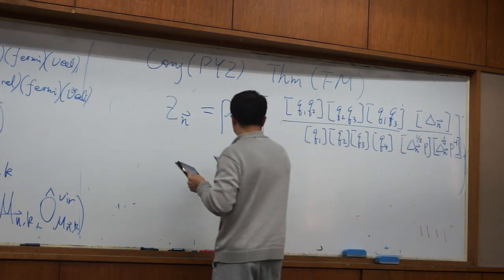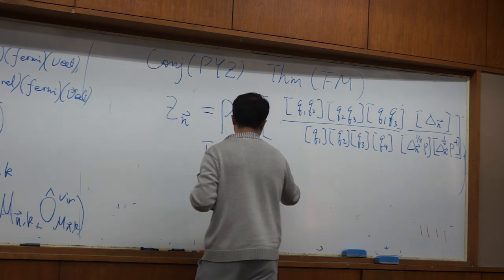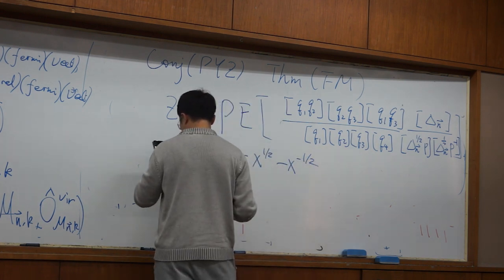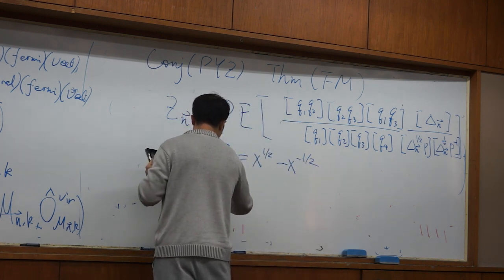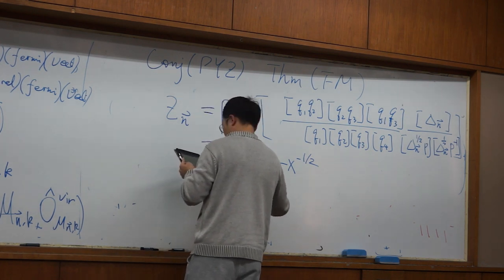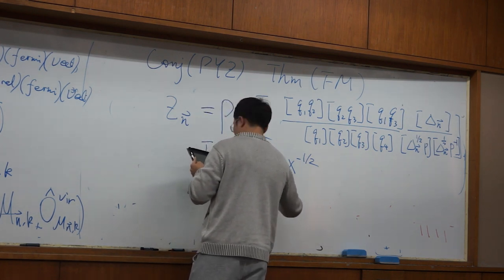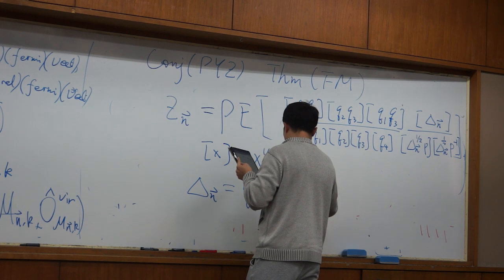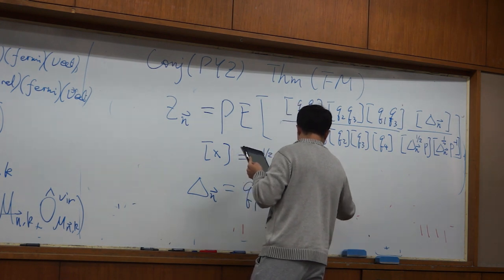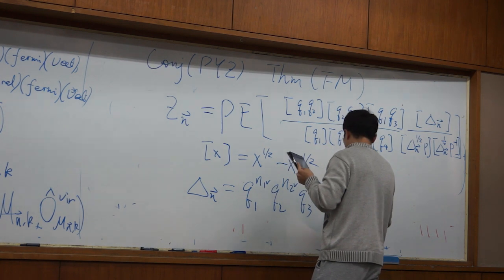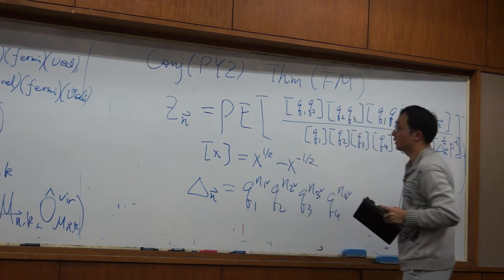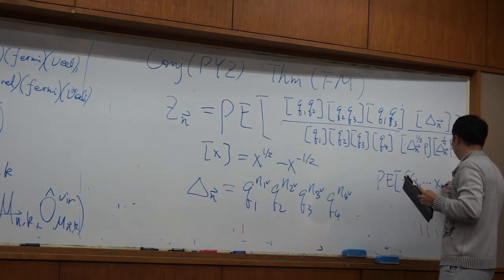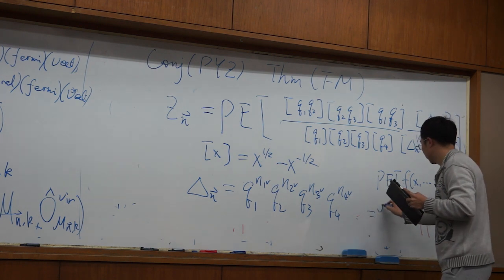Here, this x bracket means x to the half minus x to the minus half, and delta n is shorthand notation for Q1 n1 check, Q2 n2 check, Q3 n3 check, Q4 n4 check. And the plethystic exponential is defined like this.